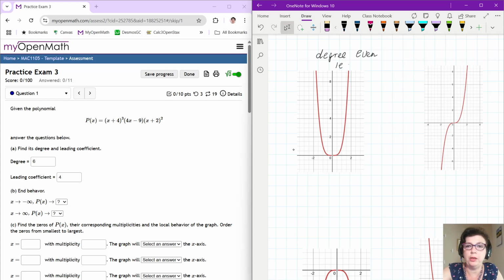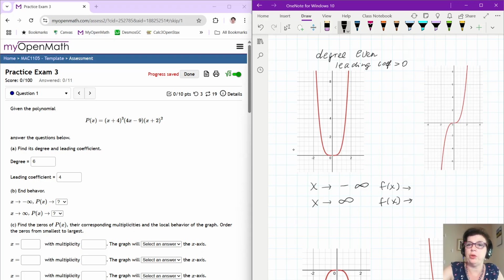Okay, so here the leading coefficient is positive. So what do I see happening for this kind of case? I want to know what happens when x goes to negative infinity and what happens when x goes to positive infinity. What happens to my f of x at that point, my graph? All right, so how do I determine that? So imagine that you are moving towards negative infinity.